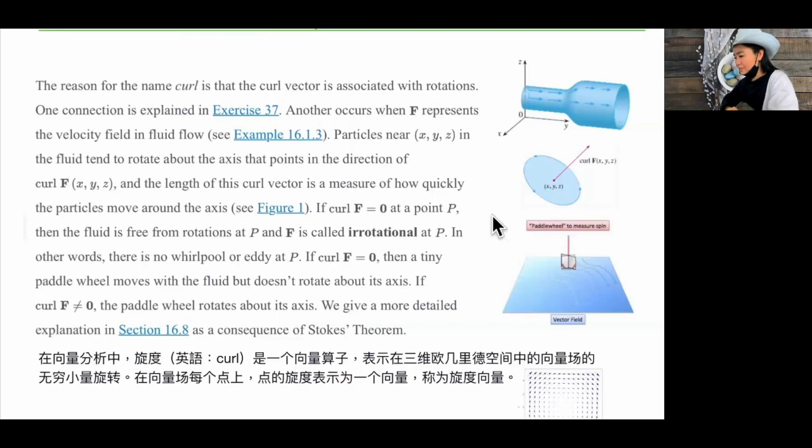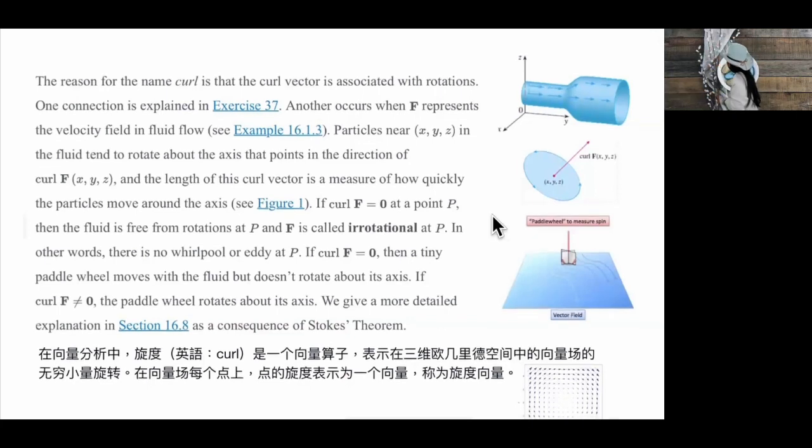If the curl of F is equal to the zero vector at a point P, then the fluid is free from rotation at P, and the vector field F is called irrotational at P. In other words, there's no whirlpool or eddy at P.